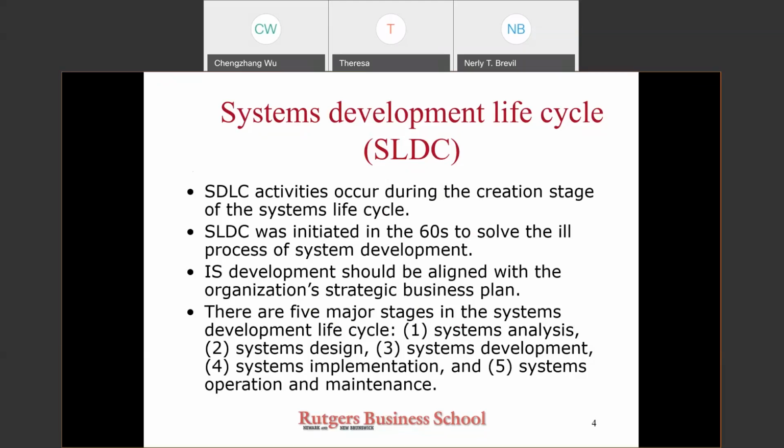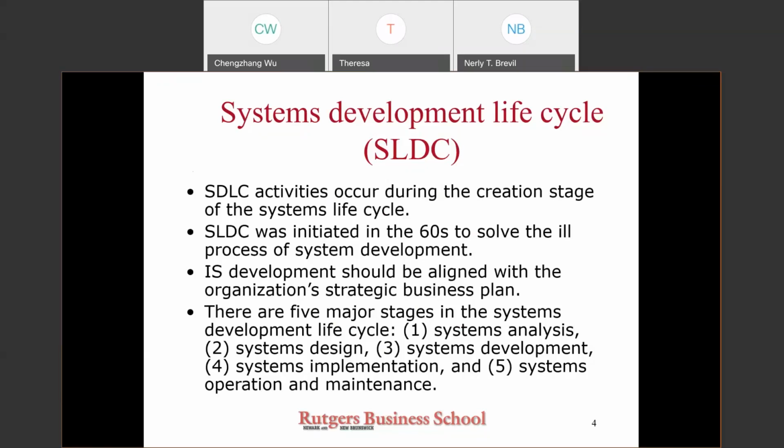And finally, system operations and maintenance. This process begins with an analysis of the problems and ends with smoothly operating systems in place.